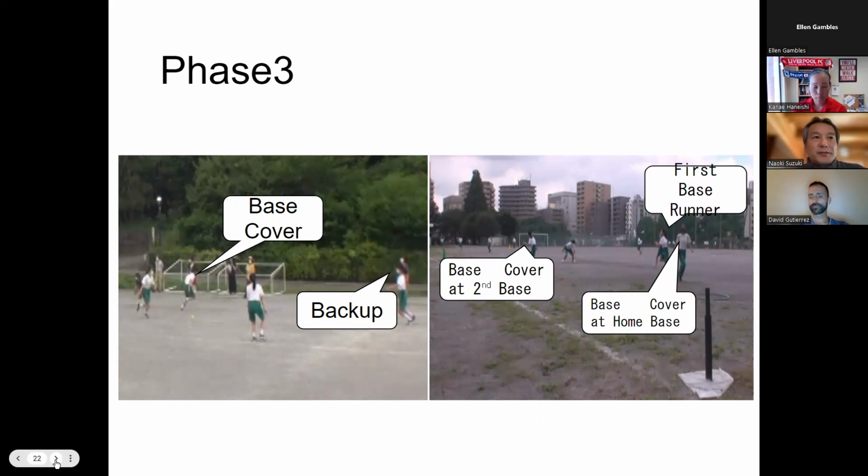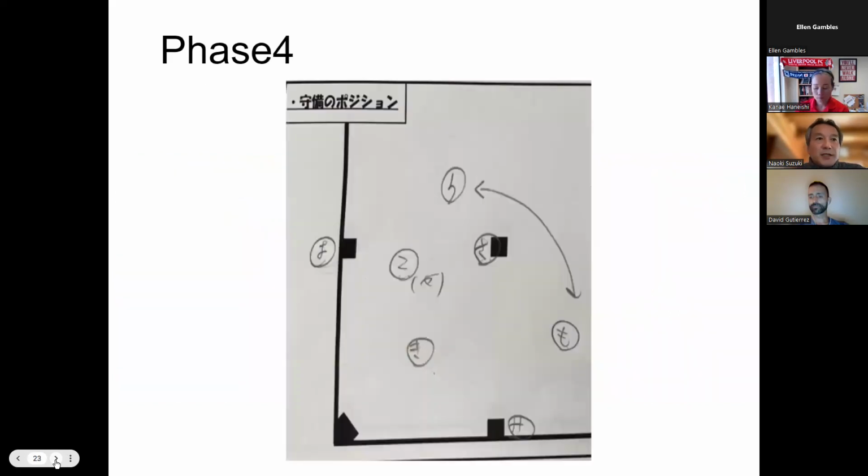Okay, next slide. In phase 4, the attackers are determining how to deliver the ball and make decisions in order to advance their teammates and advance their own bases, while the defenders compete to prevent runs from scoring.